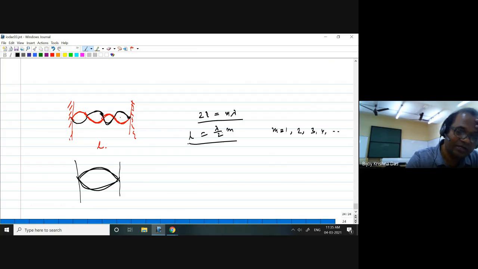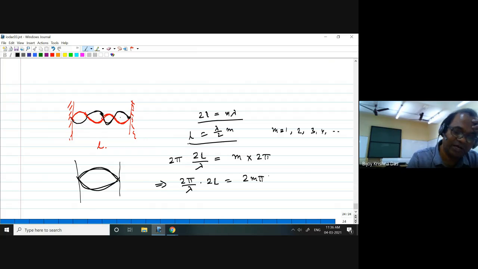Or you can write this a little bit differently. 2 times L by lambda equals m. Now you multiply both sides by 2 pi. So the left-hand side we get 2 pi by lambda times 2L equals 2m pi.